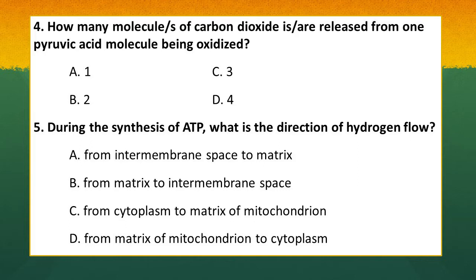During the synthesis of ATP, what is the direction of hydrogen flow? A. From intermembrane space to matrix, B. From matrix to intermembrane space, C. From cytoplasm to matrix of mitochondrion, D. From matrix of mitochondrion to cytoplasm.